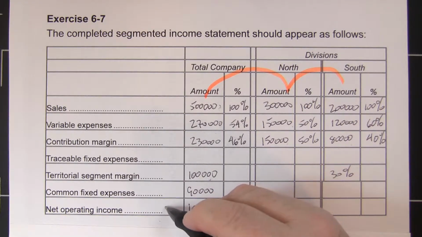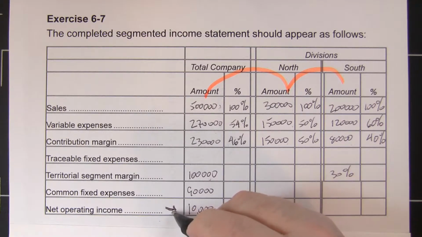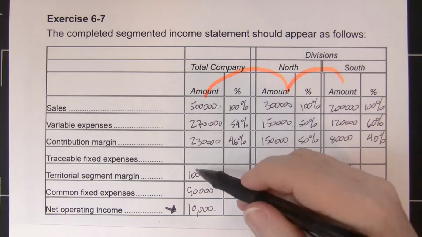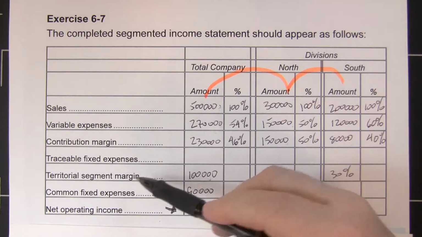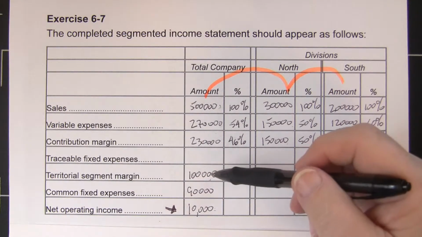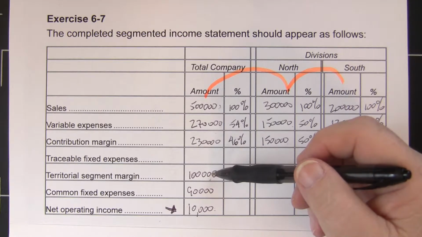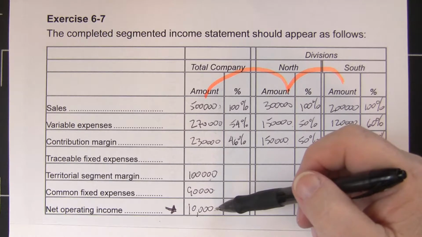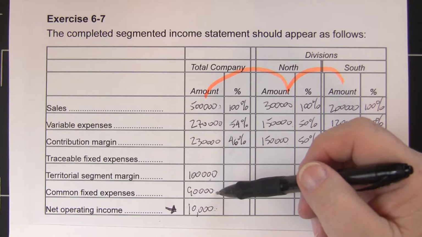Because to get net operating income for the company, I subtract from the whole company's margin of 100,000. If I end up with 10,000, I had to have 90,000 in common fixed expenses.